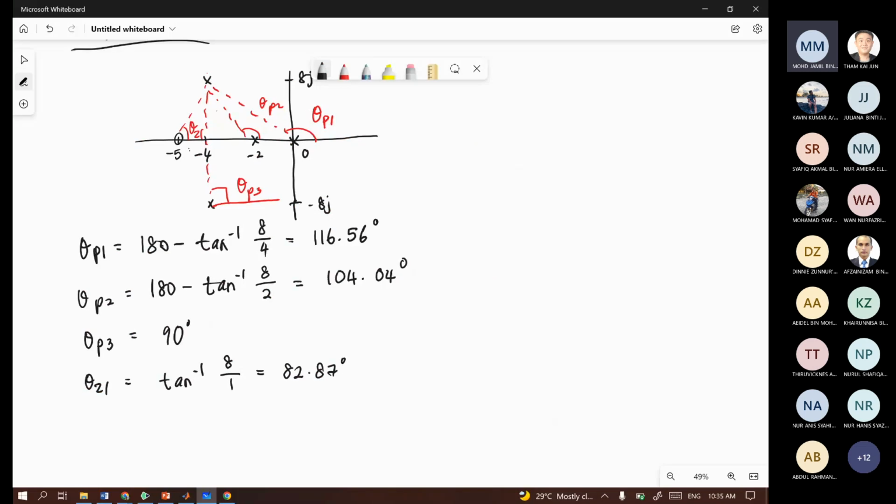So lastly, the angle of departure equals 180 minus the sum of angles from poles minus the sum of angles from zero.